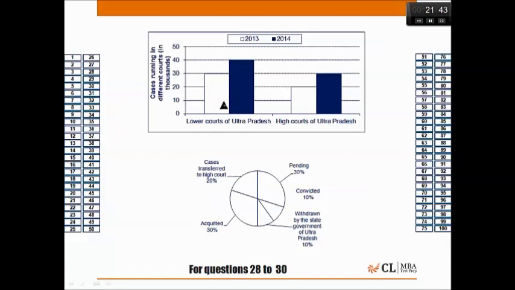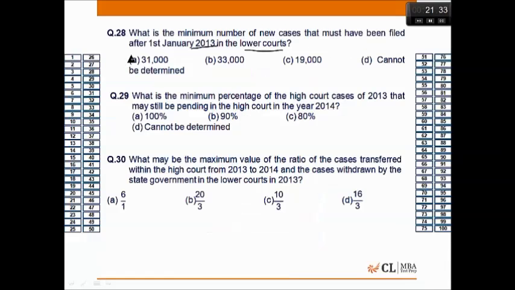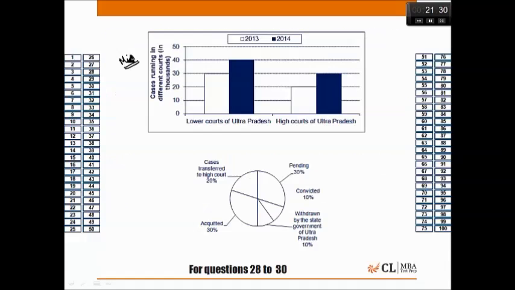Minimum number of new cases filed essentially means that out of these 30,000 which was here, 30% were pending.